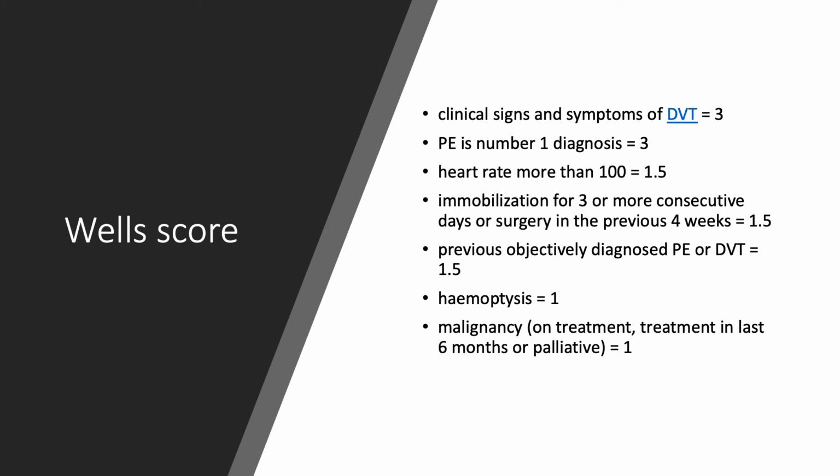So basically considering their risk factors for a PE, whether they have current clinical signs and symptoms of a DVT, whether you're suspecting PE as your number one diagnosis based on their presentation, their history and examination, whether they're tachycardic, or if they've been immobilized for a long period of time or recent surgery, if they've had previous thromboembolism, hemoptysis, or malignancy. And adding up all of these, you can use MDCalc or you can just do it the old school way.